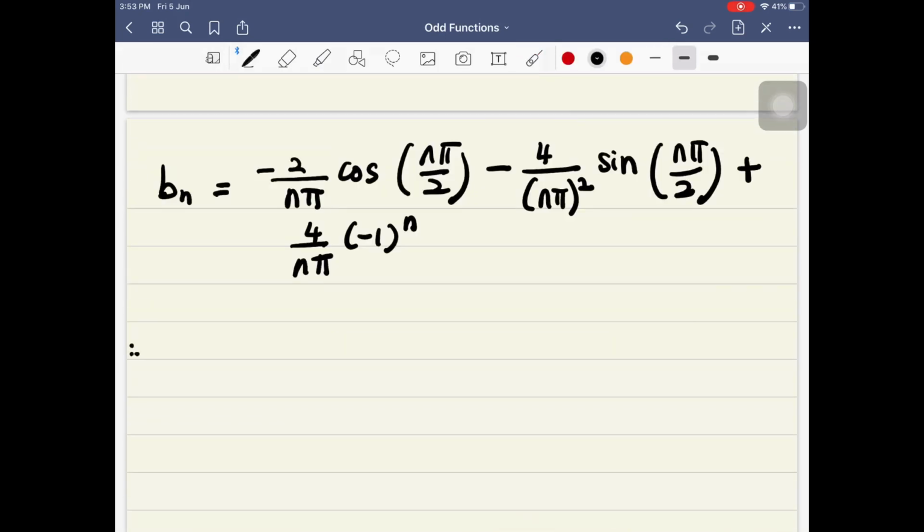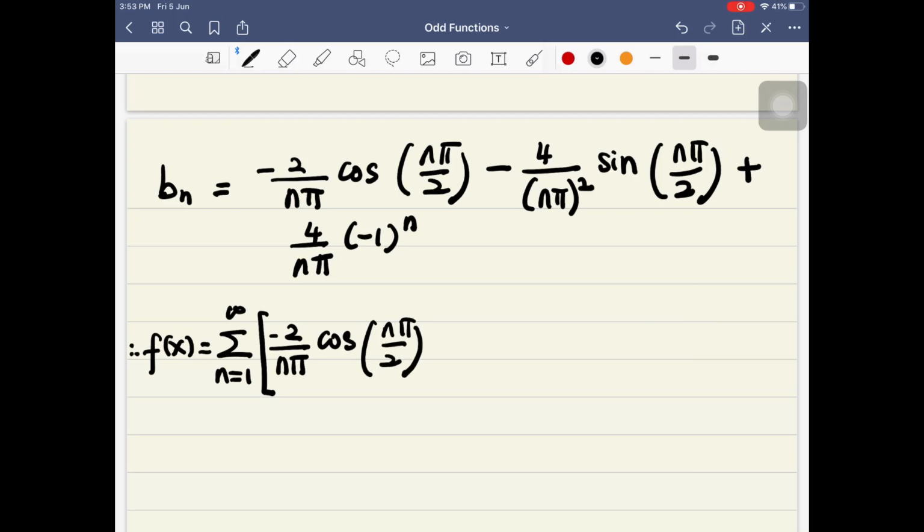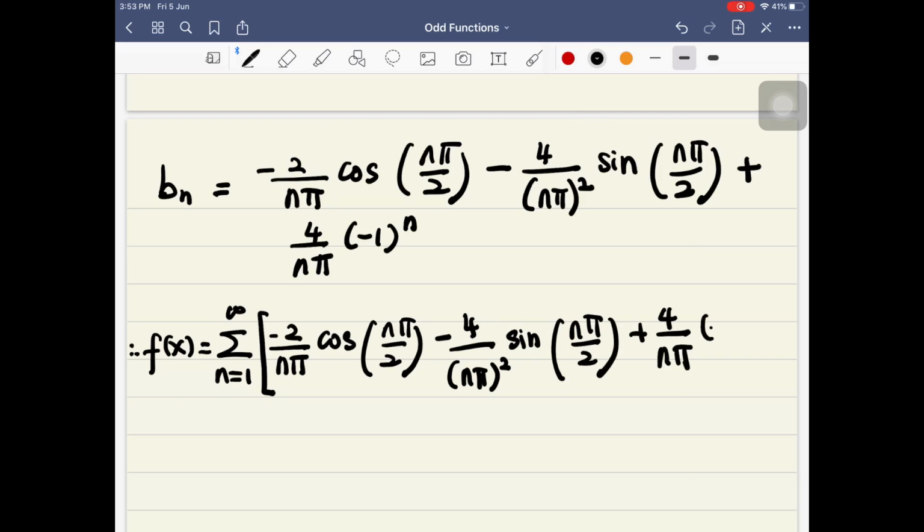Therefore, your Fx is equals to the summation n is equals to 1 to infinity of negative 2 over n pi cos n pi over 2 minus 4 over n pi the whole thing squared sine n pi over 2 plus 4 over n pi negative 1 power n, multiplied by sine n pi x, since your L is equals to 1. So this is the final answer.